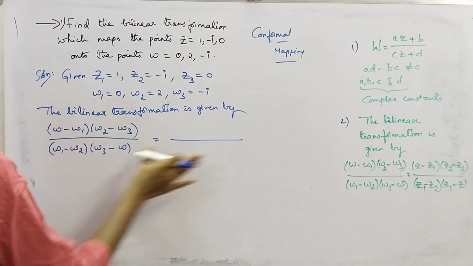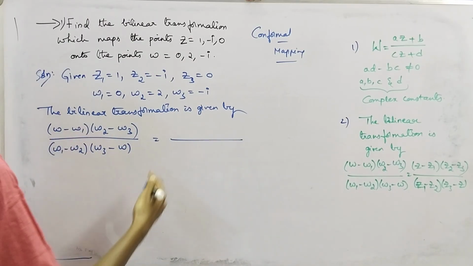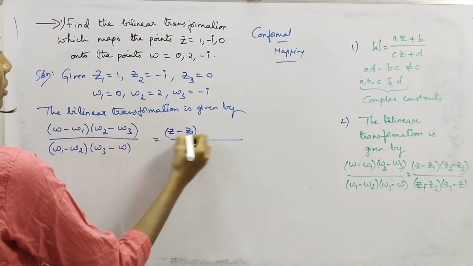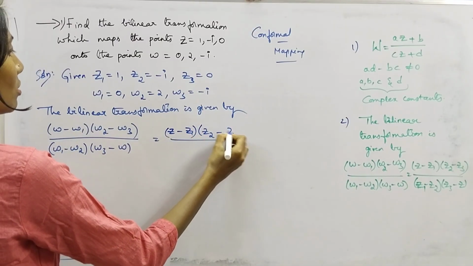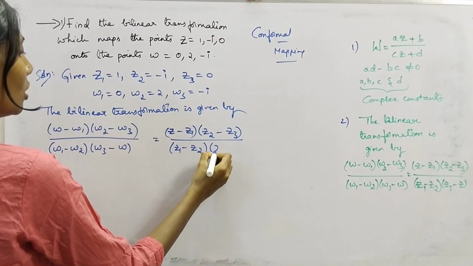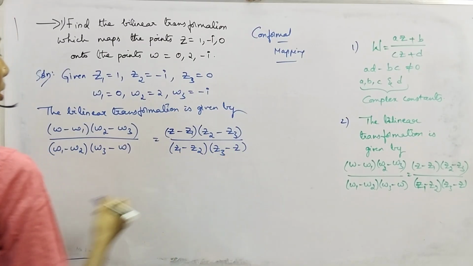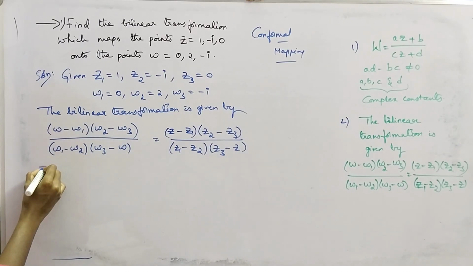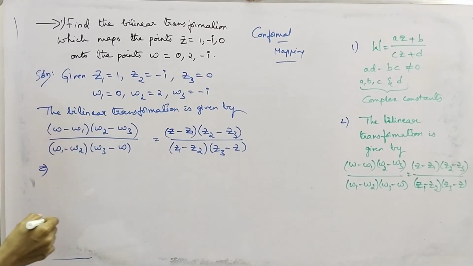In the same order we'll write for z on the RHS: (z minus z1)(z2 minus z3) by (z1 minus z2)(z3 minus z). Now just substitute the values here.